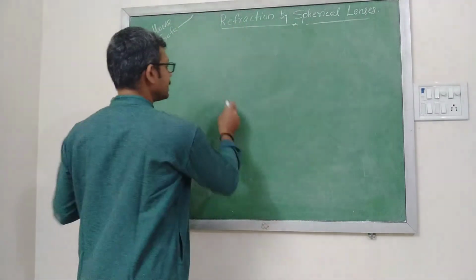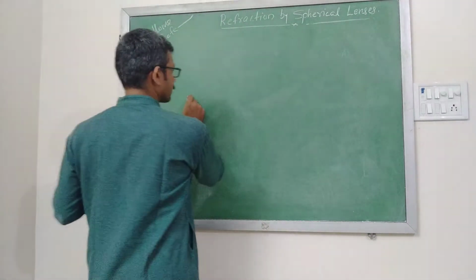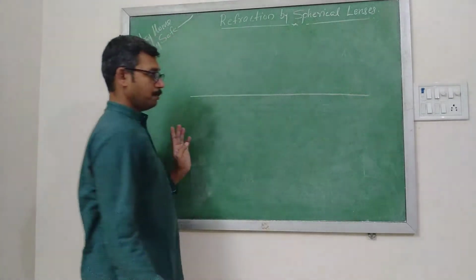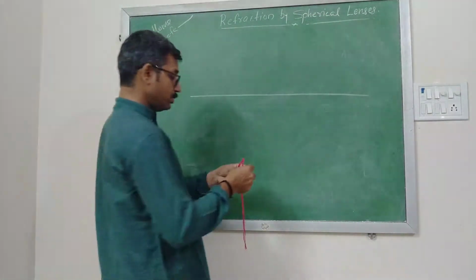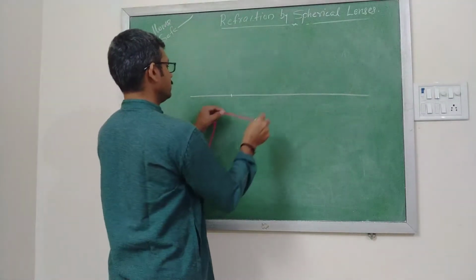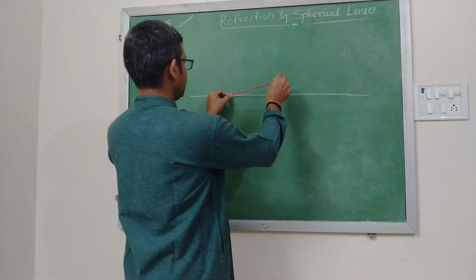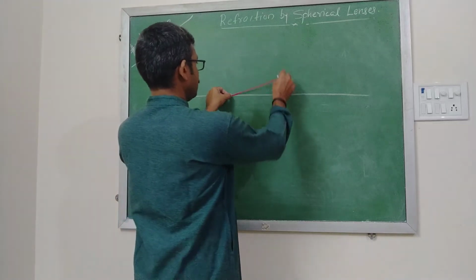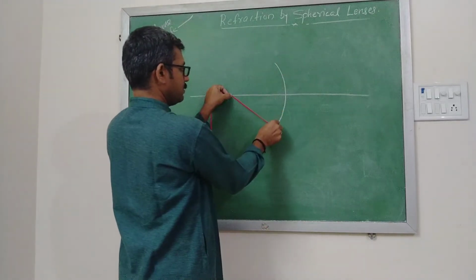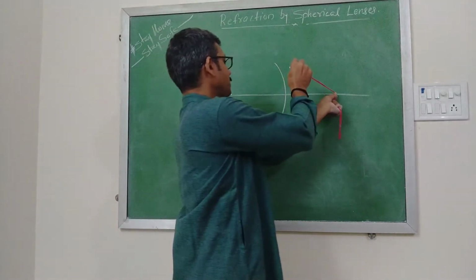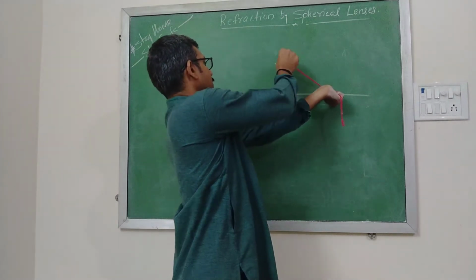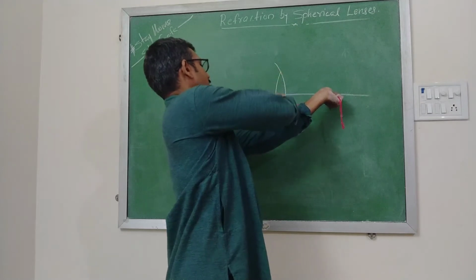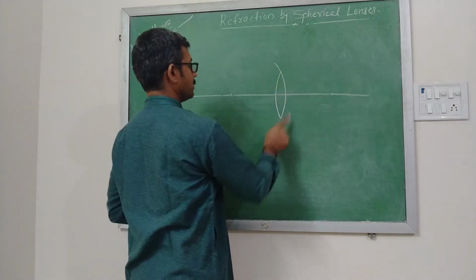Now, here I am going to draw two spheres. Look, a lens is formed.